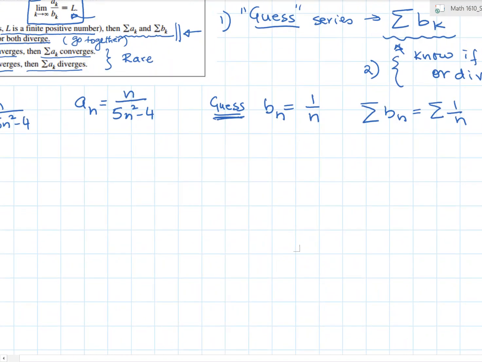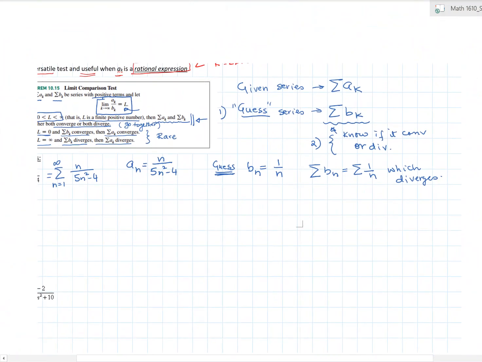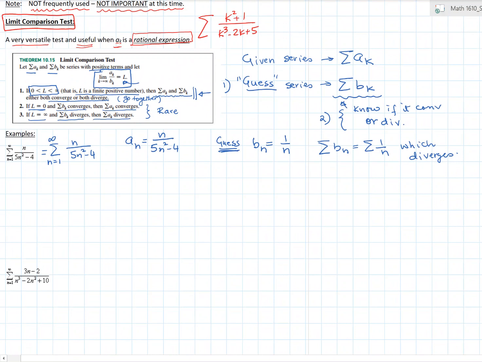So with this guess, we have to go and find the limit as n goes to infinity of a_n over b_n. So this is what we have to find. So let's find it.